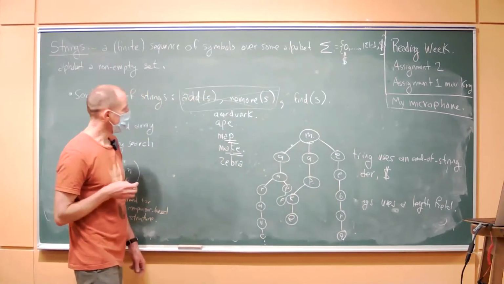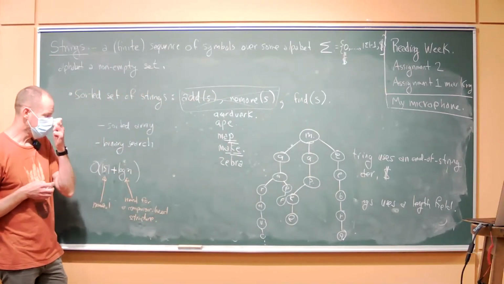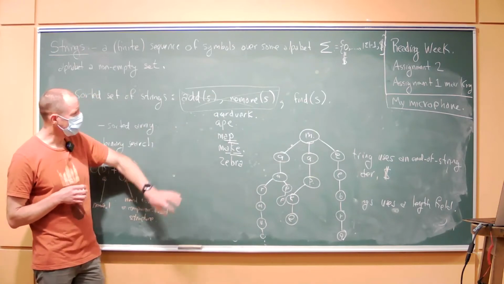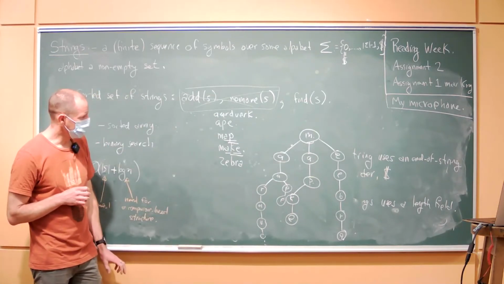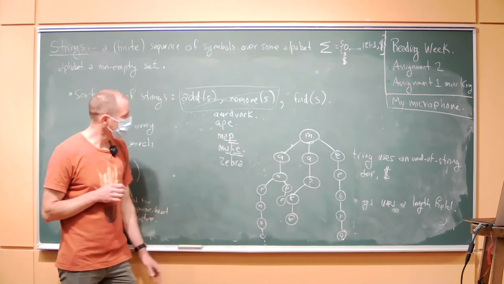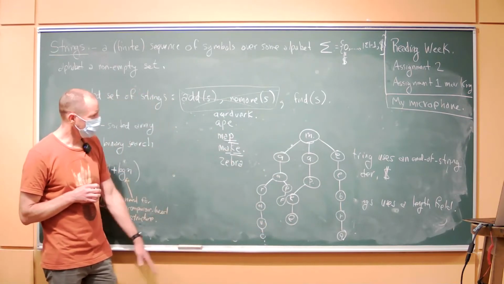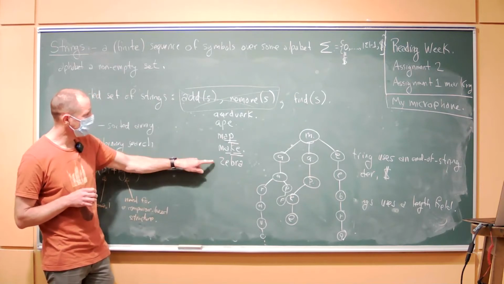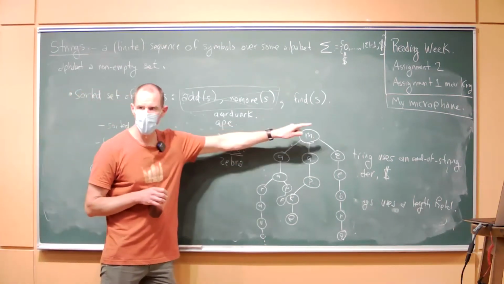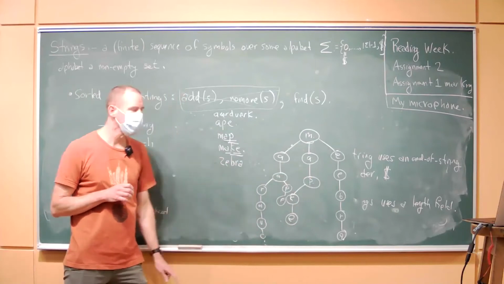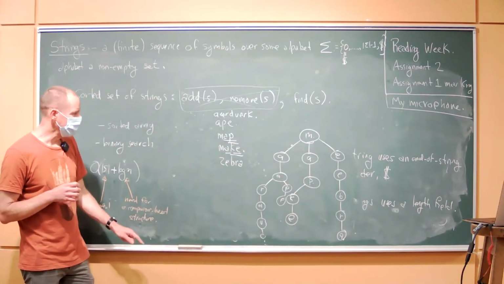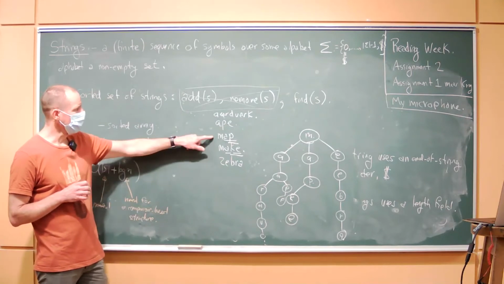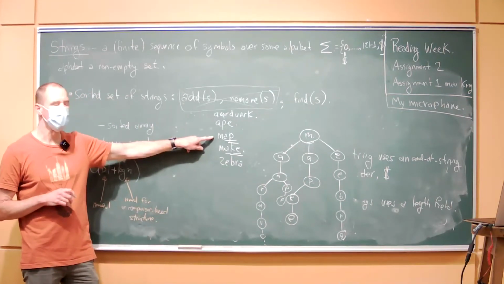Okay. And now actually we see that we should be a little bit careful if we want to do this right. So if you look at this tree, you say, okay, what strings are stored in here? Certainly if I search for any of these, then I'll be able to find the path that leads somewhere. But you want to distinguish between strings that are stored there and prefixes of strings that are stored there.